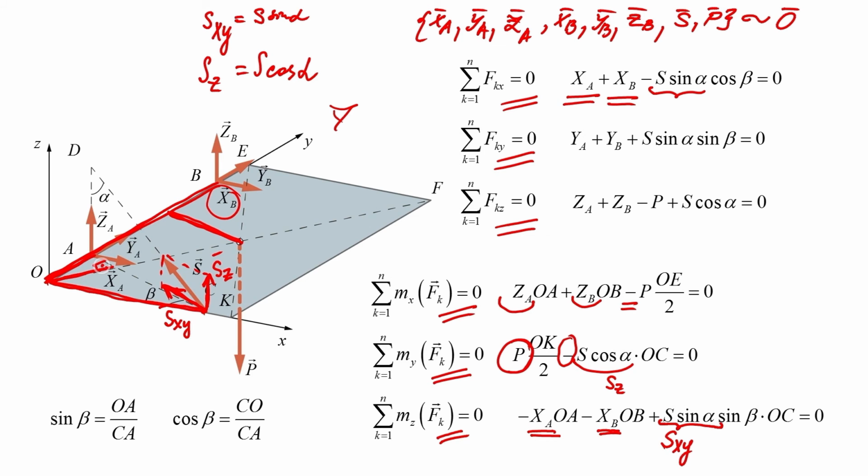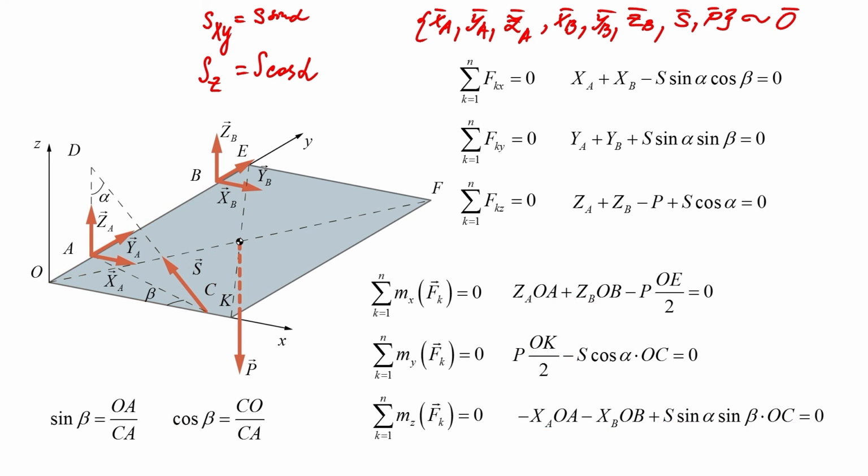This is a perpendicular. From the point O, we draw the perpendicular down to the line of the SXY component's action. This perpendicular is equal to the product of the distance OC and sine beta. Sine beta and cosine beta, which we have used for writing down the equation, are defined from the triangle.